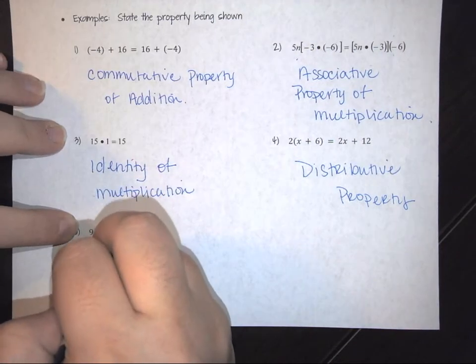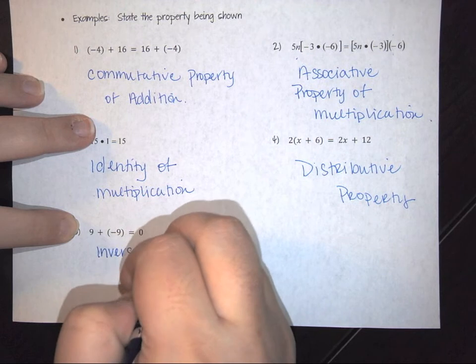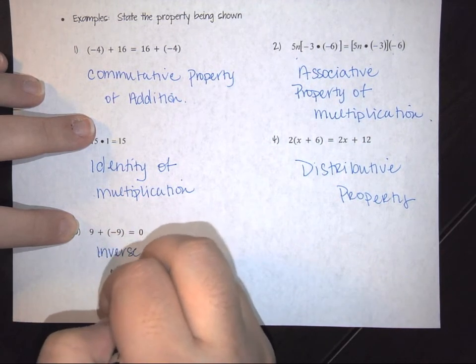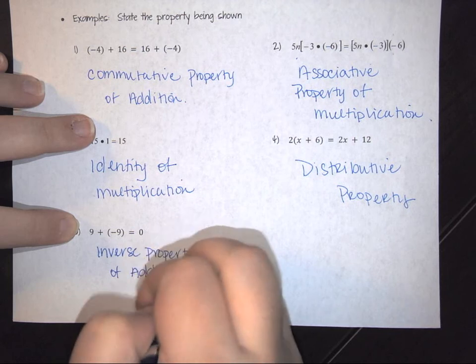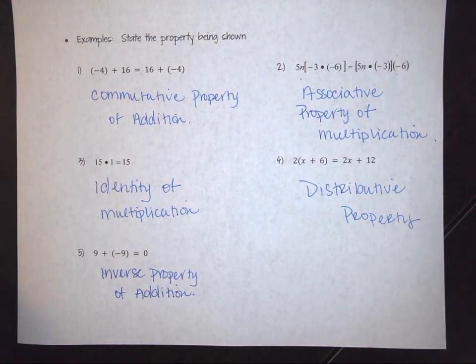So this is the inverse property of addition. And so that is everything you need to know in a nutshell about the different properties of real numbers.